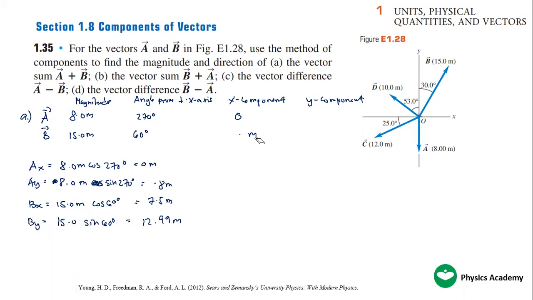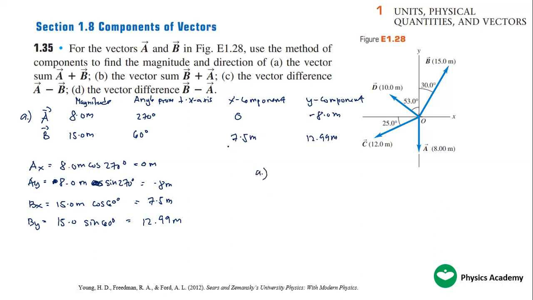So I was wrong about this earlier. So we have here negative 8.0 meters, 7.5 meters, and 12.99 meters. Okay, let's answer for letter A.